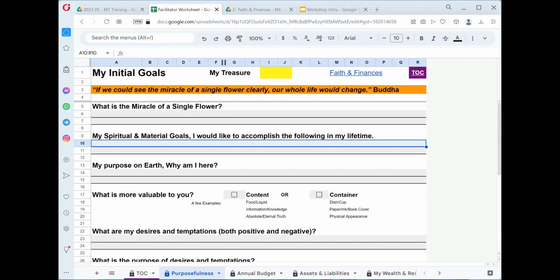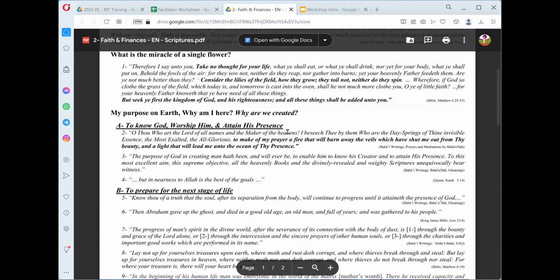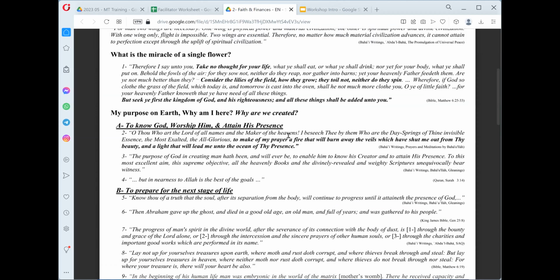All right, let's see if anybody else has any thoughts to share. And all right, so let's see what is in the scriptures as what our spiritual and material, particularly spiritual goals should be. Kaisa says to be of service to people around them. Okay, very good.